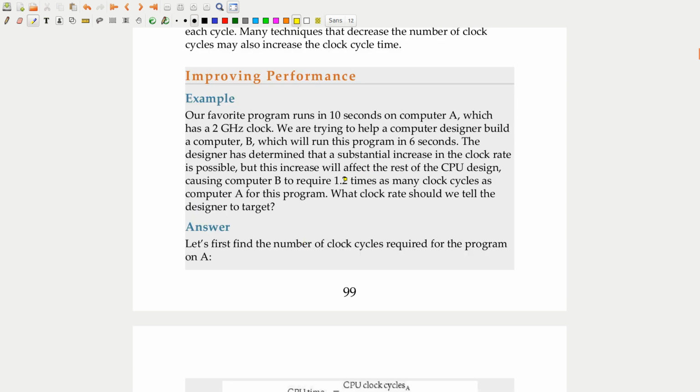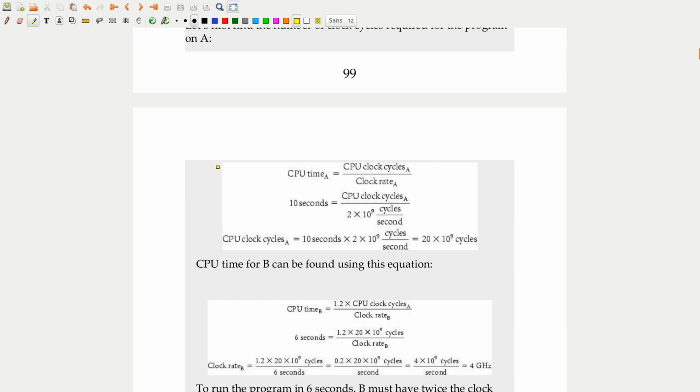Okay, so we've got a penalty that we're increasing the number of clock cycles by 1.2x, but we can increase the actual frequency of the clock by an arbitrary amount. So this is entirely unrealistic because, well, actually it's a 2 gigahertz, so you do have a large window of improvement. So let's see what they do.